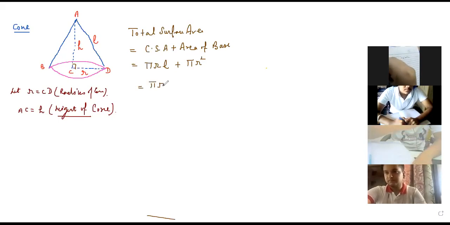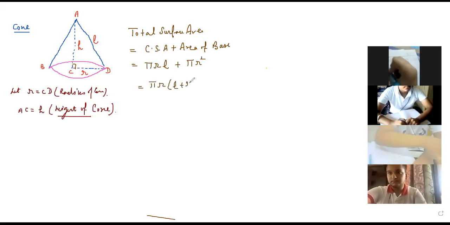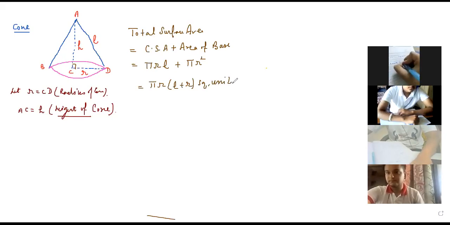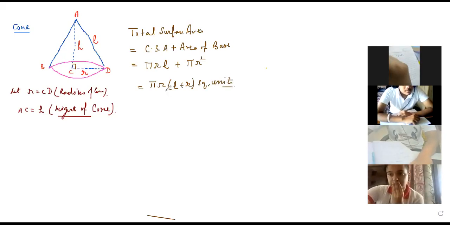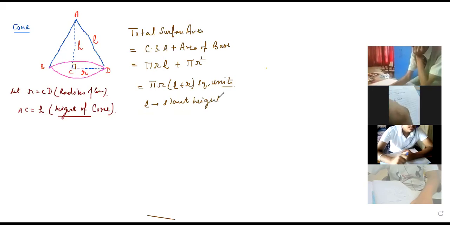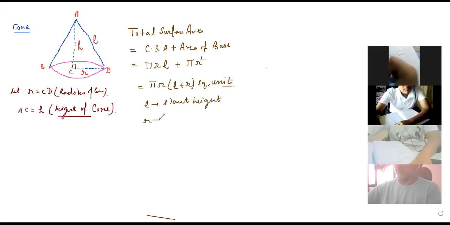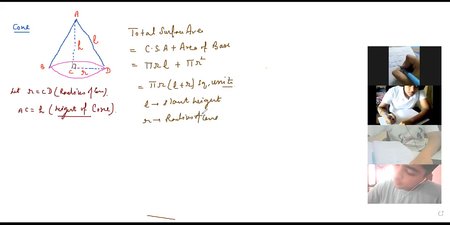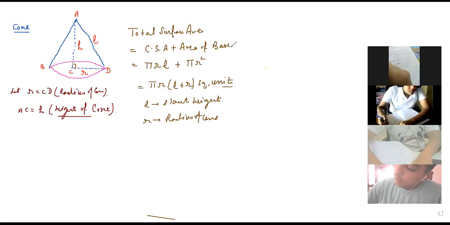So take pi r outside, this is pi r (L plus r) square units, where L is the slant height and R is the radius of the cone.